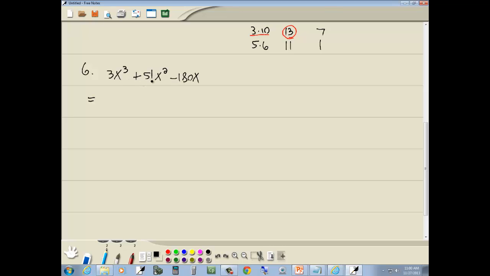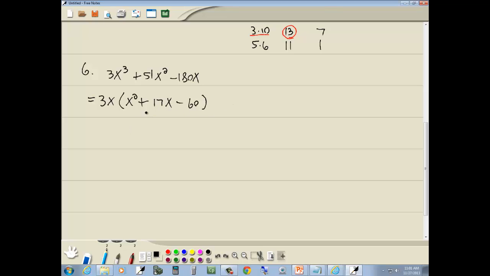I notice they're all divisible by 3, and they all have at least 1 x. So that 3's gone. We had 3 x's, took one of them away, so that leaves us 2 x's. Plus 51 divided by 3 is 17. We had 2 x's, took one of them away, so that leaves a single x. Minus 180 divided by 3 is 60, and that x is gone.